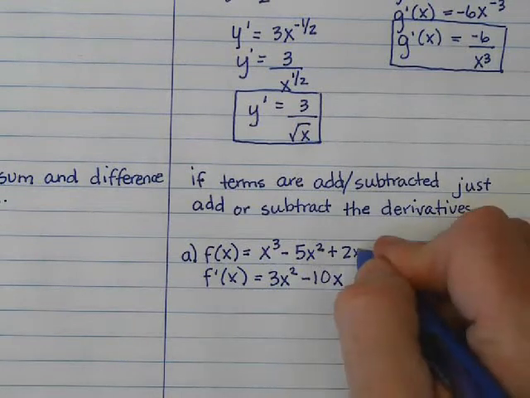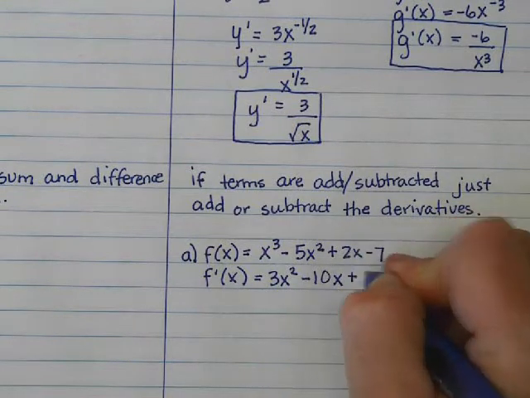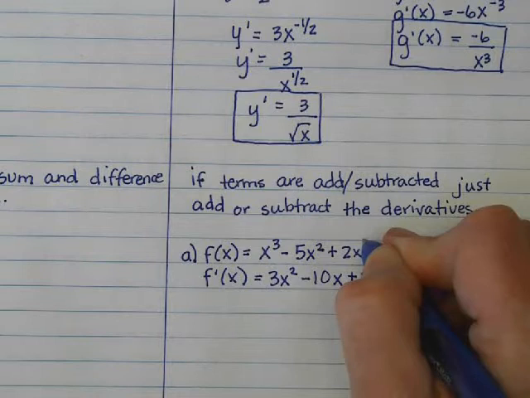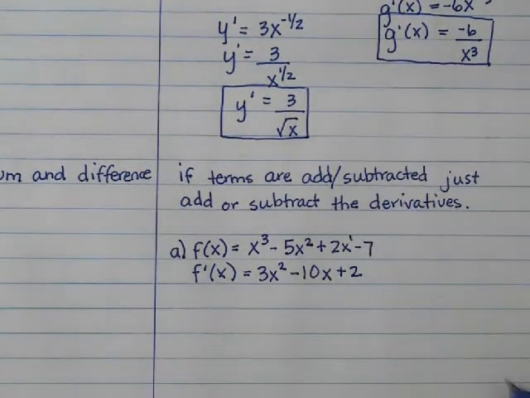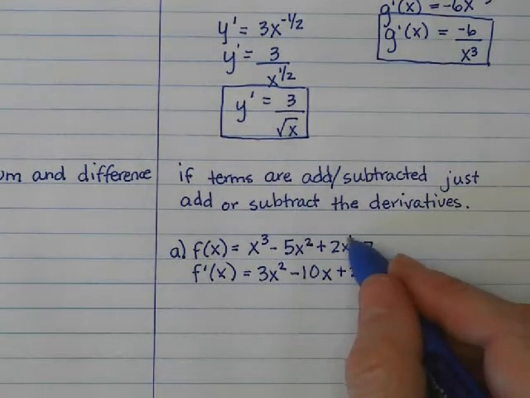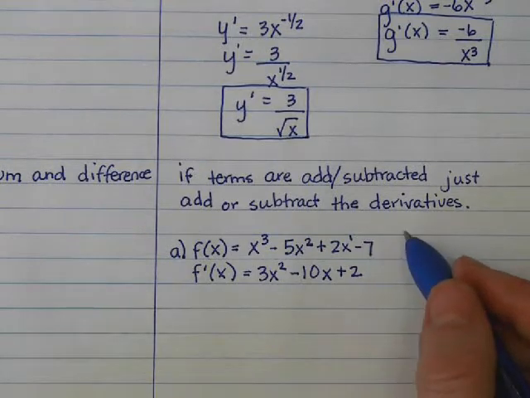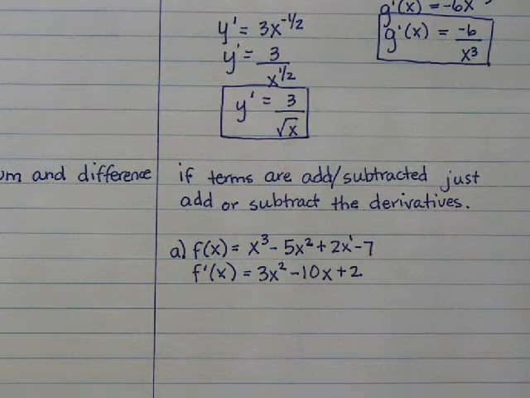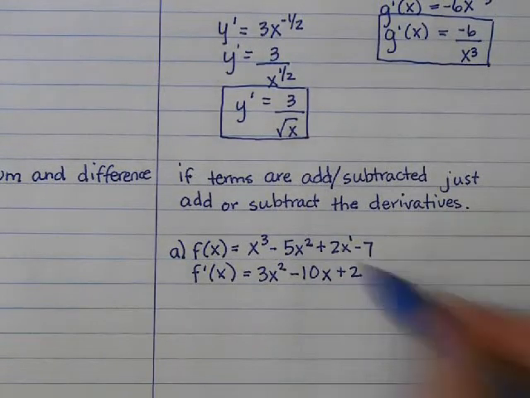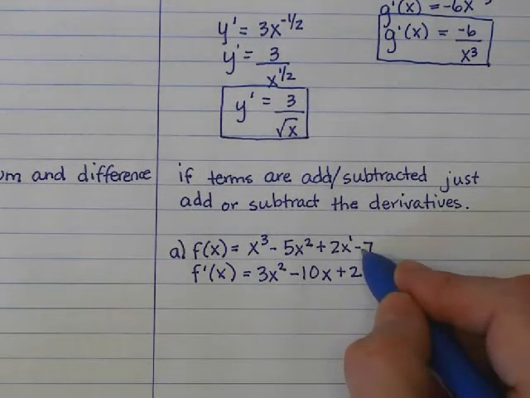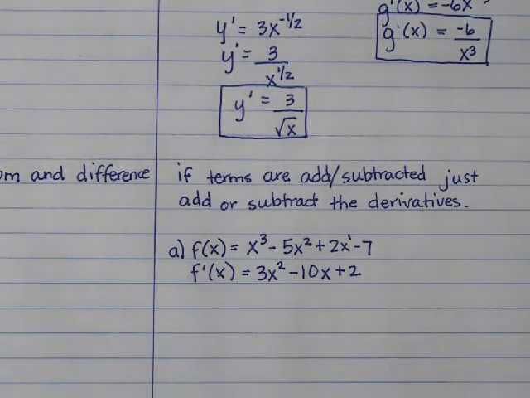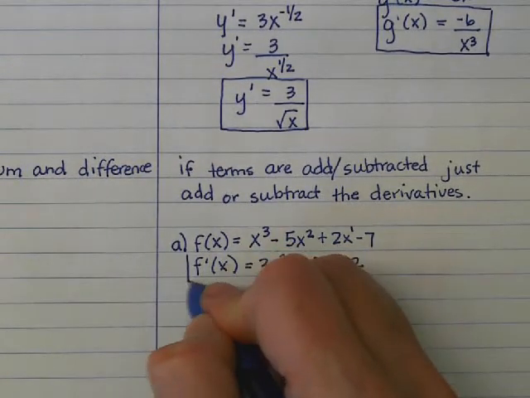Okay, the derivative of the x is just 2, because this is like a little 1 right here. And 1, okay, so if I go 1 times 2 is 2, and 1 minus 1 is 0, x to the 0 power is 1. So I just get a 2 there. And then remember we said the derivative of a constant is 0. So that is our solution.